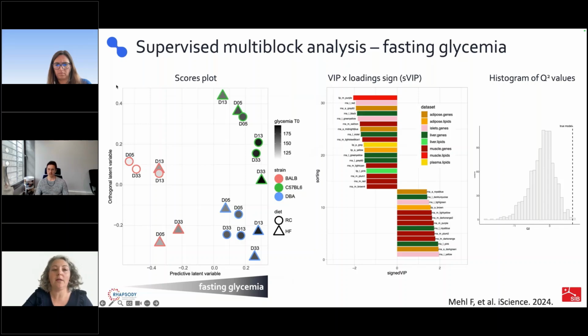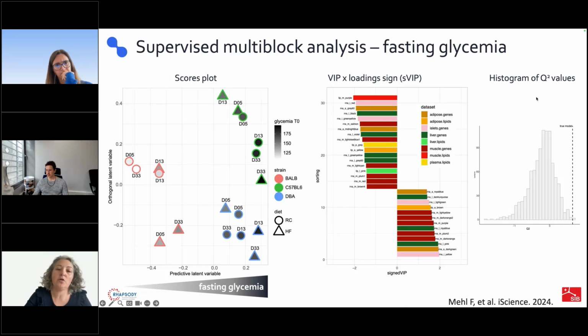The orthogonal latent variable here is summarizing the information that is not related to the outcome, but which belongs to the data set. So as we ask the model to predict the fasting glycemia, the samples are well ordered according to their fasted glycemia level. Then we can see which variables are given more weight, are more important to predict this fasting glycemia.